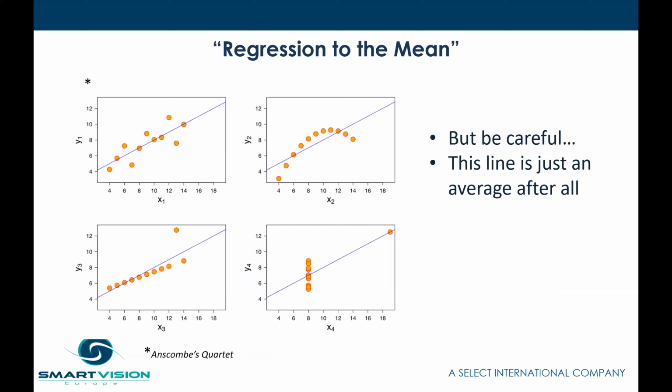So you'll get situations where this line goes straight through a relationship, even though that relationship is curvilinear, or where it goes straight through a relationship and you've got an extreme value, because you're trying to minimize the difference. It is an average after all. The line itself is dragged up or is influenced by this extreme.